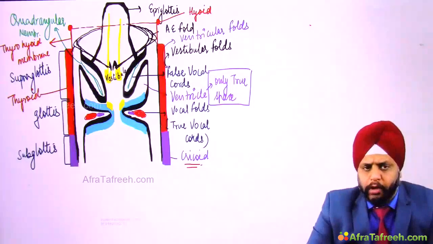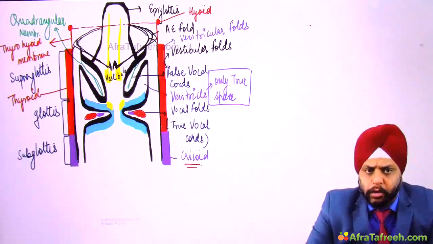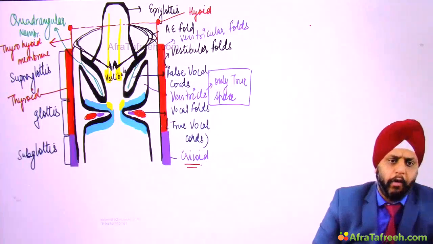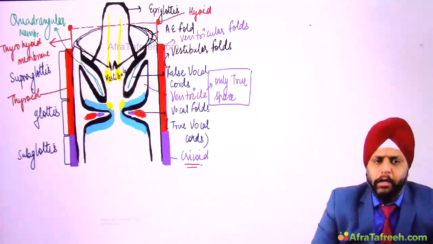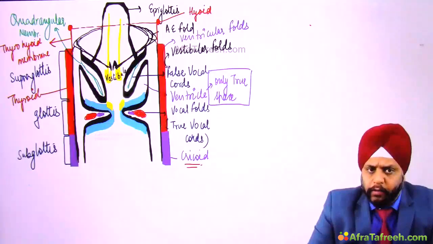Now before we finish, there are a few points that I would like to discuss, and one important space. First of all, we saw that the two vocal folds have a stratified squamous epithelium.